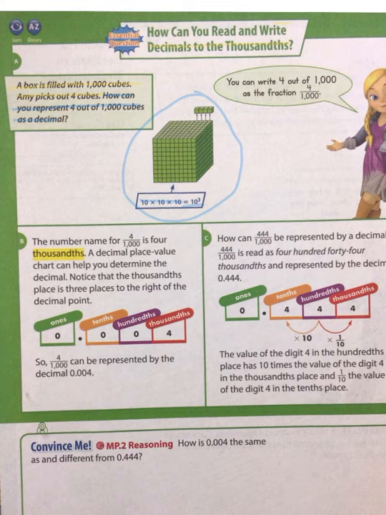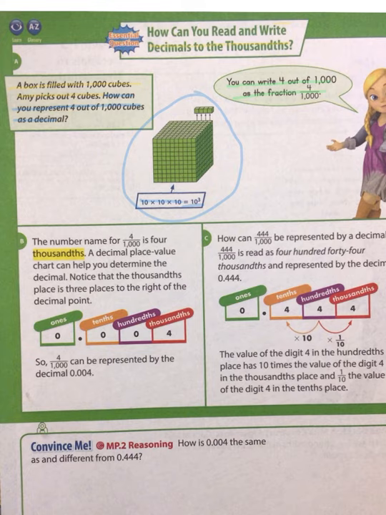power. Now, when we write a decimal, you can write 4 out of 1,000 as the fraction of 4 out of 1,000. So if we're going to say 4 thousandths, I'm going to set this up for you with place value to show how to write it as a fraction.